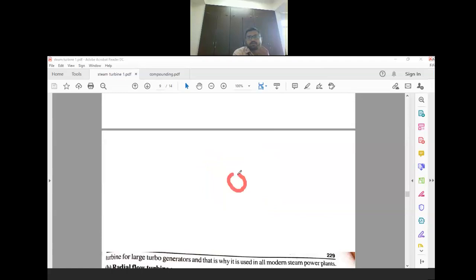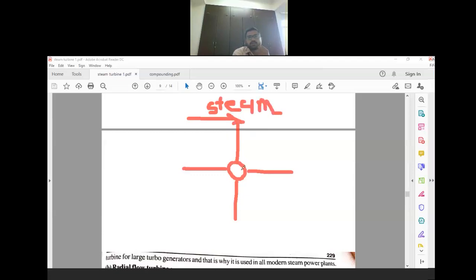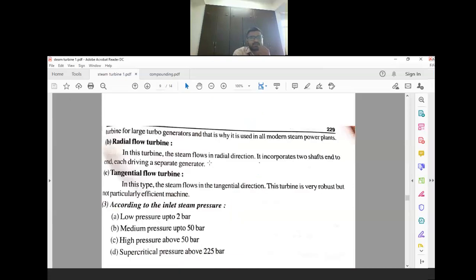So suppose this is the shaft, and these are the blades, and if the flow of steam takes place this way, this is known as a tangential turbine. Clear? So some of these are easy topics.